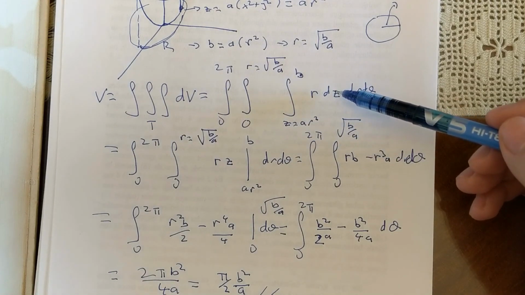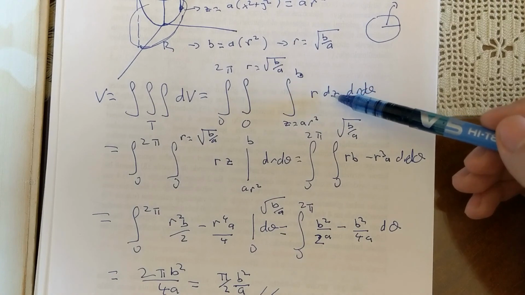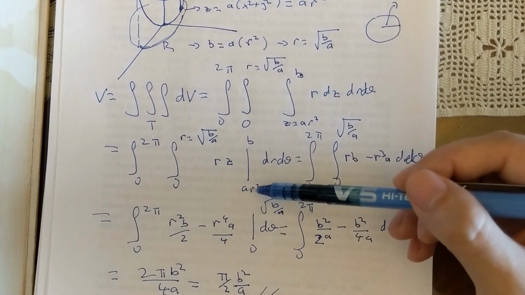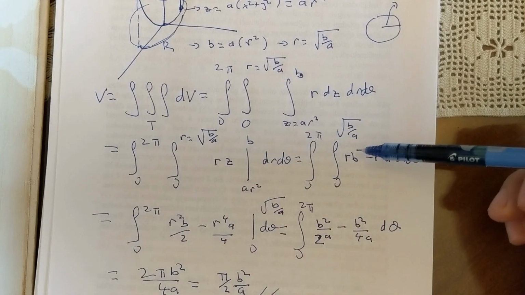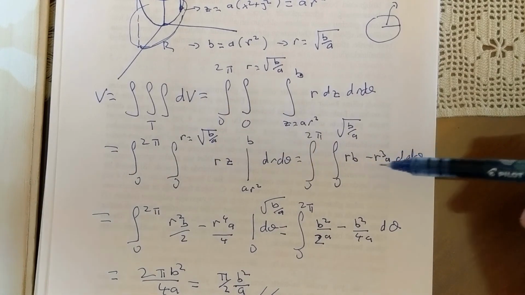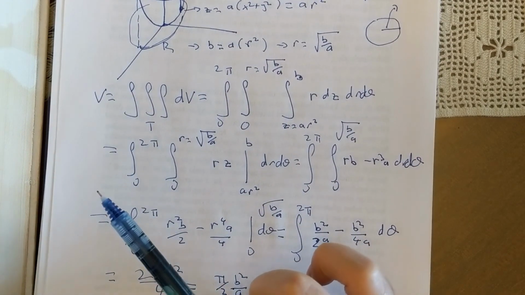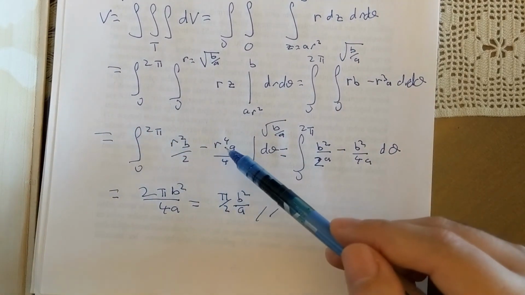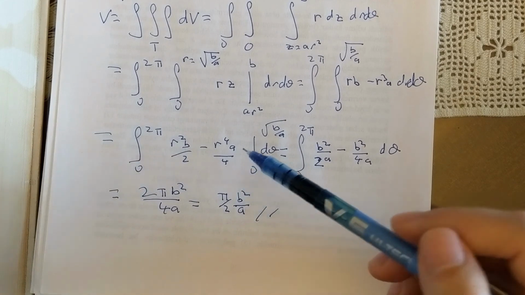Of course, the integral of r with respect to z is rz, from a r squared to b. Plug it in, you're going to get rb minus a r cubed. And we'll integrate with respect to r now, you're going to get r squared over 2 times b minus a r to the 4 over 4.